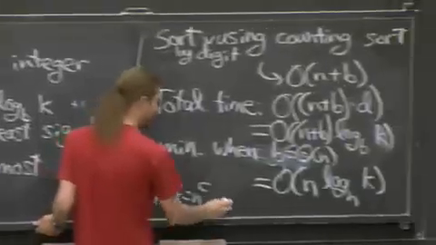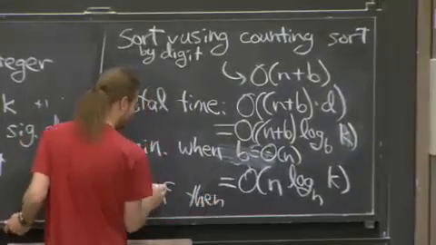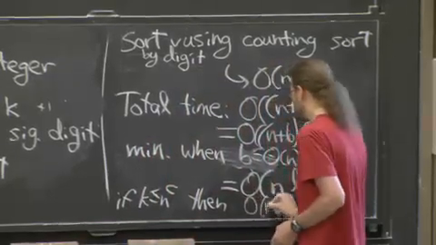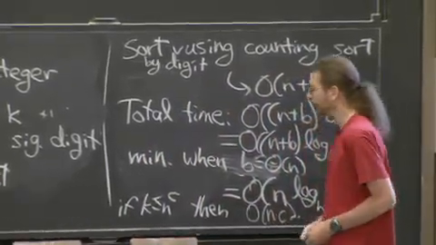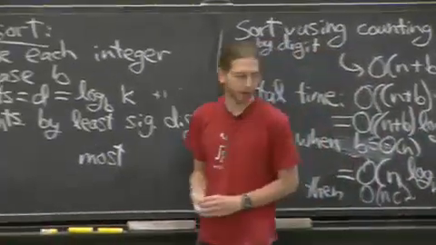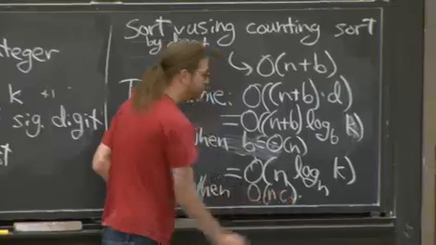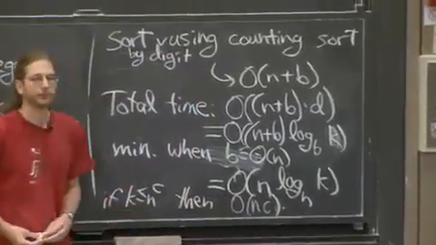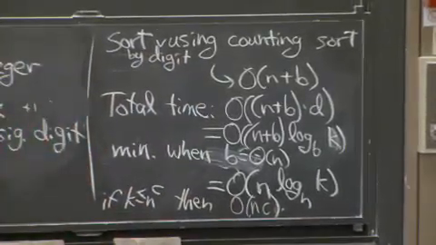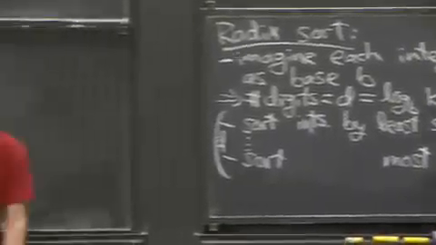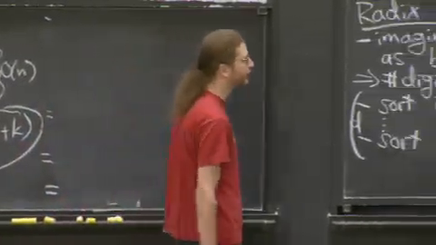If k equals n to the c, or say is at most n to the c, then this is going to be order n times c. So if your integers are reasonably small, you get a linear time sorting algorithm. And reasonably small means polynomial in n, in value. That's kind of cool. And that's radix sort. And we're out of time. There's an example in the textbook or in the notes of how this works. You can prove it by a simple induction.